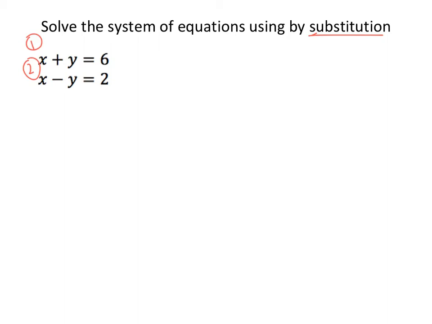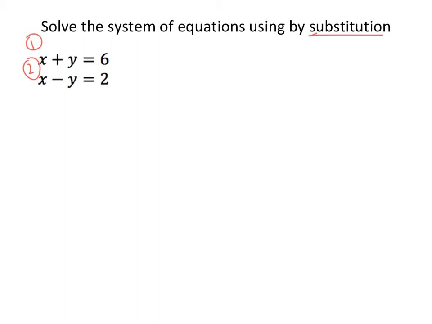For this one, I can use either of these equations easily. All of these variables are easy to solve for because all of them have a coefficient of either 1 or -1. I'll solve for x in the second equation, because when I solve for x, it'll move that y to the right side and change to positive, so I'll only be working with positives. But any of these variables and any of these equations will be easy to work with.